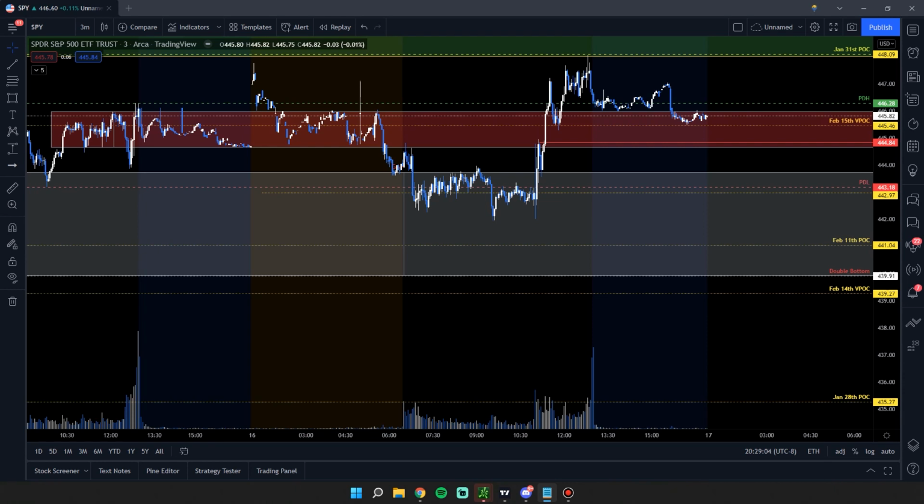I use appropriate sizes when I enter trades, and I use that 2-to-1 risk reward. So I'm really just looking for that 5% every day. A lot of times I can do that in 1 trade. Sometimes it'll take 2 or 3. But yeah, this is 7% so far.